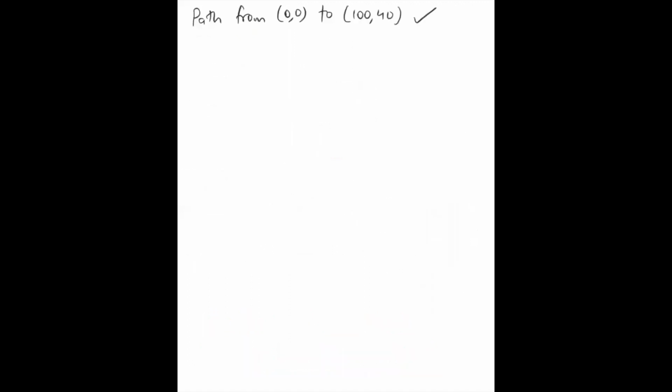Now, what does it mean for A to be in the lead? Suppose at a particular point A is in the lead. What that means is A has more votes than B, and that is the same as saying A minus B is greater than 0.